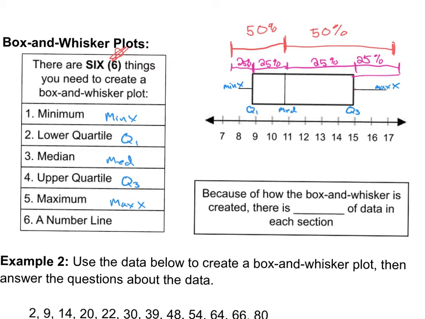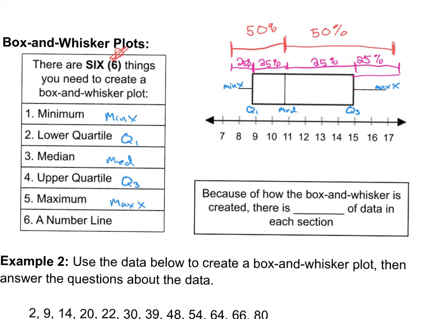The top 25% are in 15 to 17. Then we're looking at from just slightly less than 11 to 15. That's going to be 25%. Between a little bit less than 9 and a little bit less than 11, that would be 25%. And then we'd also be looking at the 25% between that minimum value, which looks to be about an 8, to a 9.